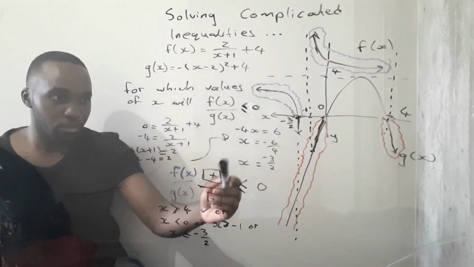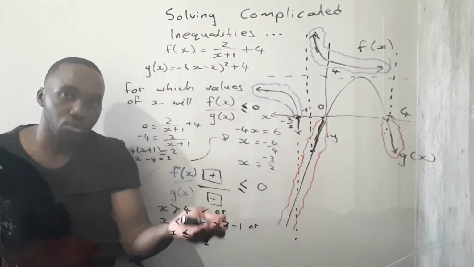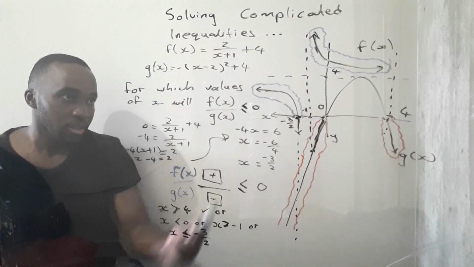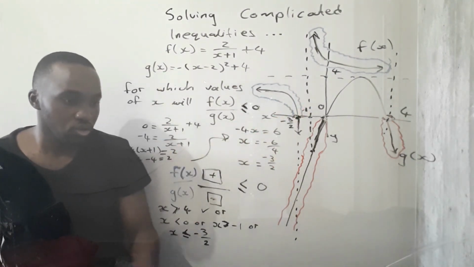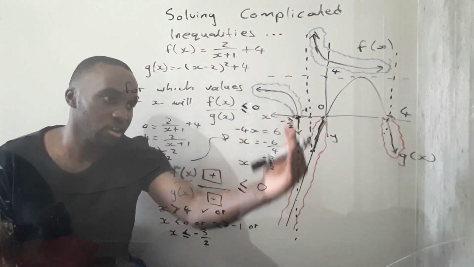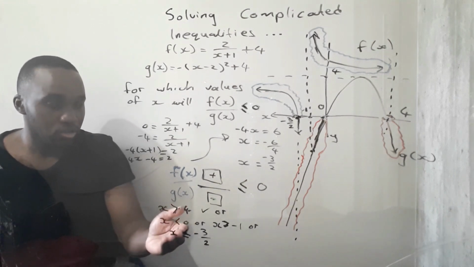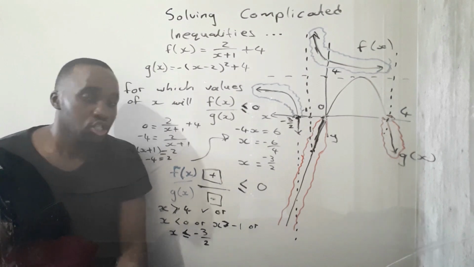So the top will be equal to 0 anyways, and if the top is equal to 0, the whole thing is equal to 0. That qualifies for our inequality. All x values smaller than negative 3 over 2 also qualify. So from this x value going all the way to the left, our x values need to be smaller or equal to negative 3 over 2.